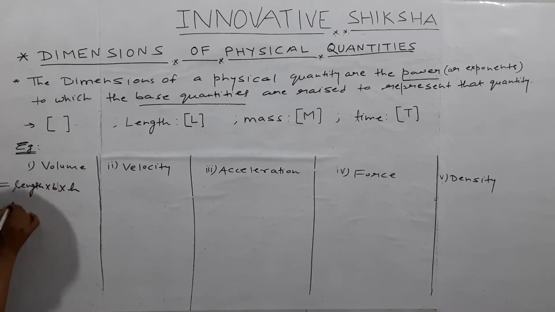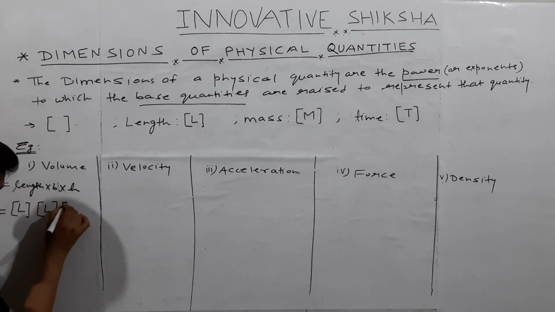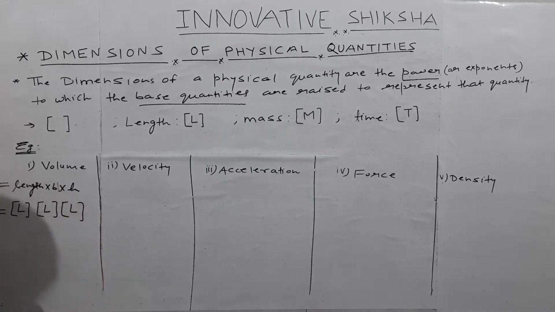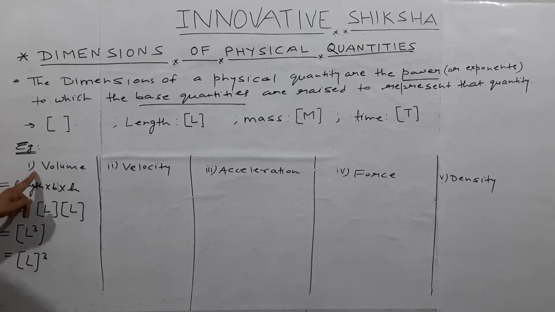So let us write dimension of length and dimension of breadth and dimension of height. Fine. Then we have to multiply these. So this becomes L cubed, or it is also equal to L L L. So both are correct, right? So this is the dimension of volume.